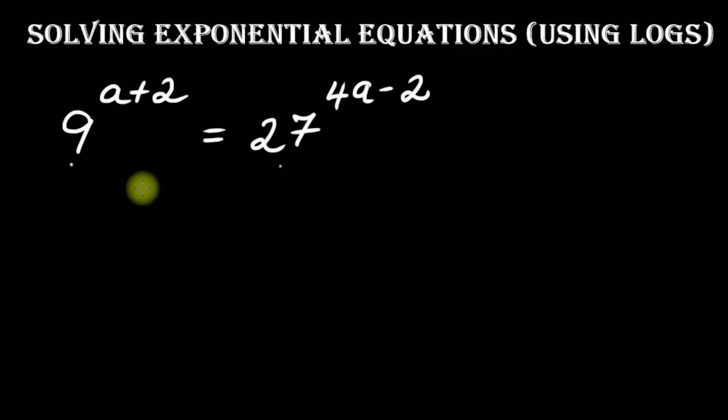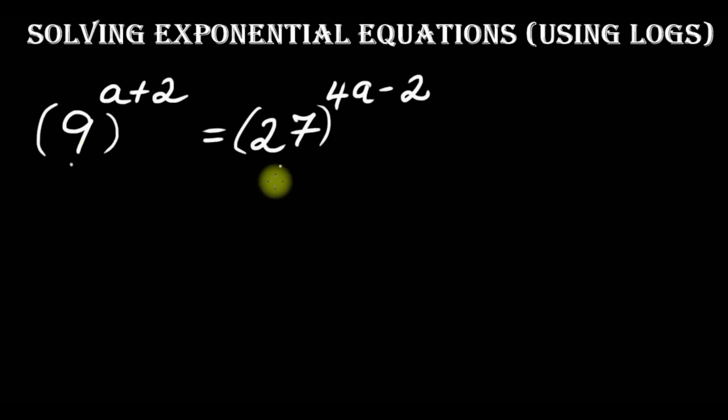What we have to do here is rewrite both sides of the equal sign using a common base. Okay, so let's think about the number 9 and the number 27. Can I rewrite those two numbers using the same base?